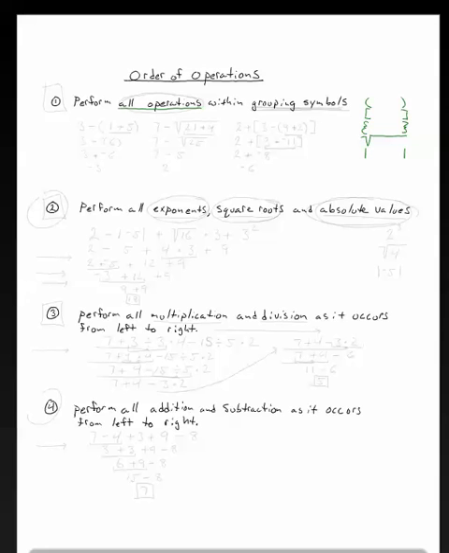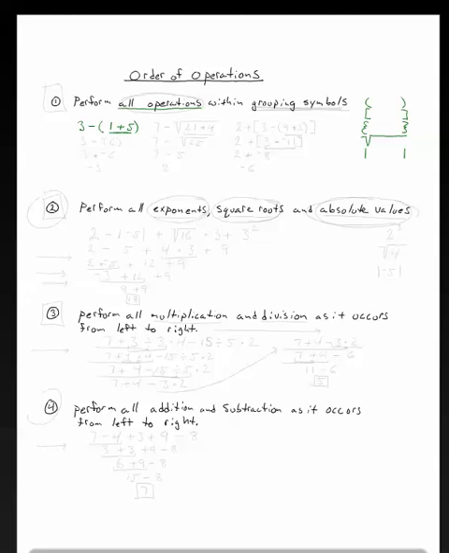So for instance, if I had something like 3 minus, and then in parentheses, 1 plus 5, I would know that since the parentheses are a grouping symbol, I have to perform this operation of addition that's contained inside the grouping symbol.